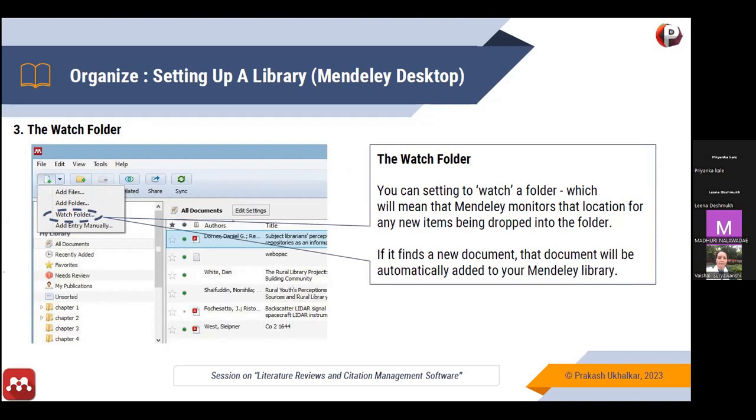You can simply add everything into your folder, which is somewhere on your machine. You can add it there, and Mendeley will automatically trace and add that newly added document into your Mendeley library. So that is how it is. It is really interesting. That watch folder is really helpful, because you don't have to worry whether you have added it into your Mendeley library or not, right?